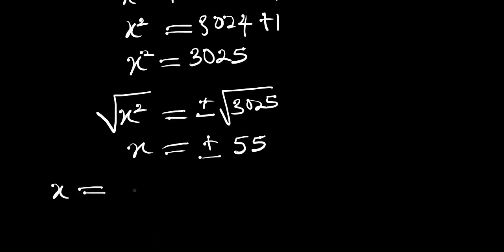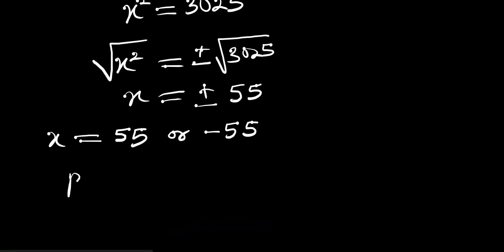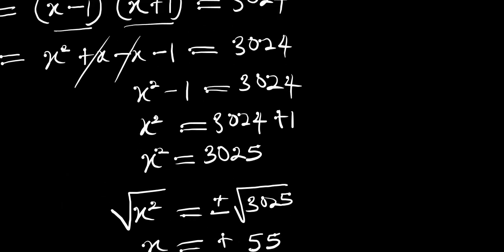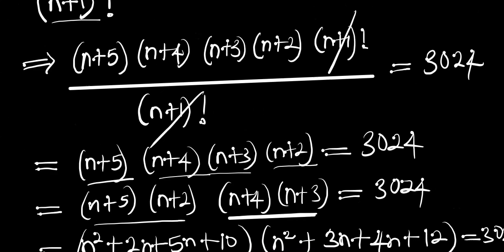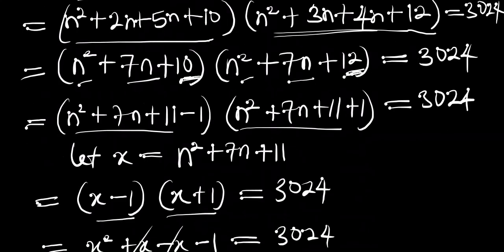We have x equals 55 or negative 55. Now at this point, we need to recall, because we had a certain variable for x. This is our x, n squared plus 7n plus 11.